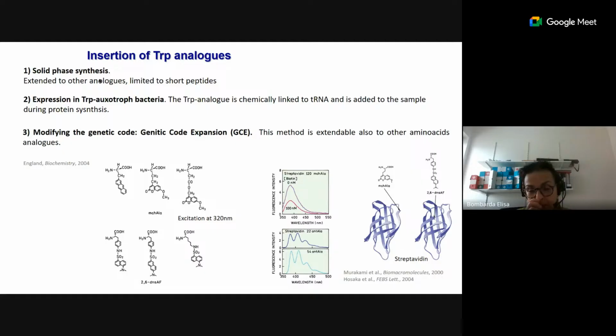It is a trick in this case. We attribute the codon of tryptophan to the tryptophan analog, and the synthesis can be done.